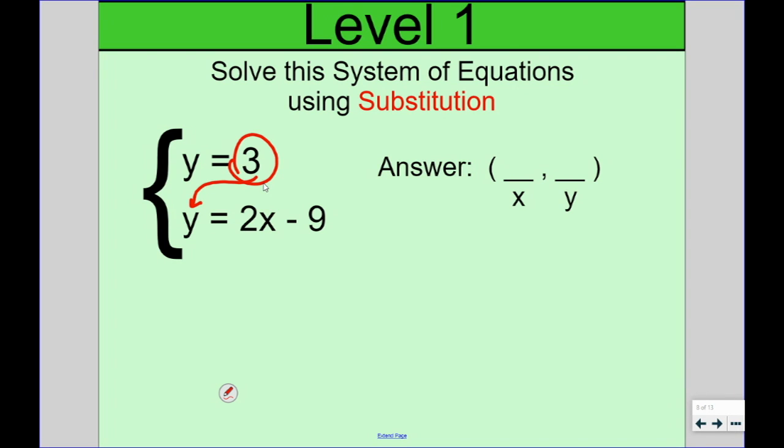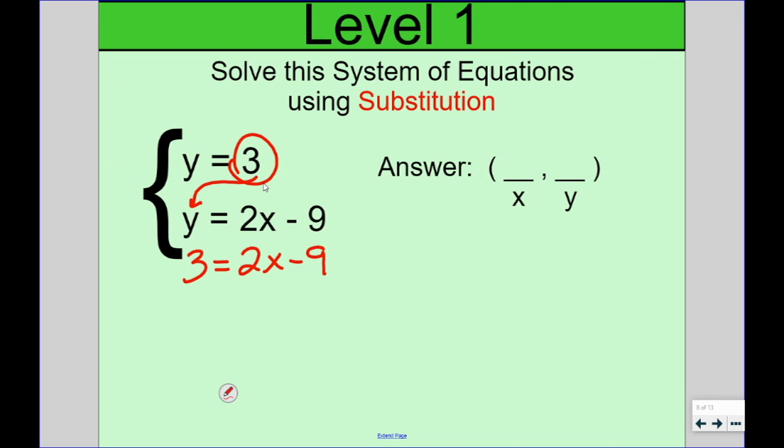If I wasn't there that day, I would have a substitute, and the substitute would be in my place. So the 3 is substituting for the y. Now we have 3 equals 2x minus 9. Now we have an equation with one variable, our x.